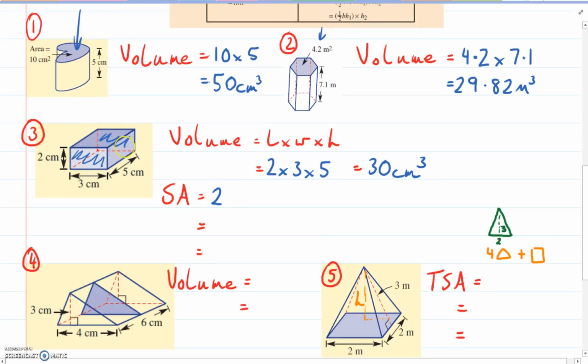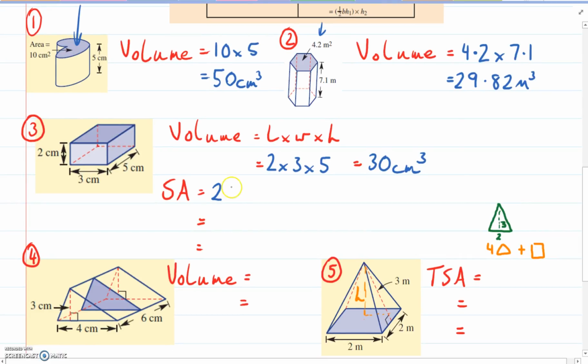And the surface area, so this will be 2 times, if you want to think of it as this front side and the back side, which is 2 times 3. We're doing 2 because we've got 2 of those sides, plus this face and this face, which is 2 times 5. And the top and the bottom, which is 3 times 5. Again, there's 2 of each of these faces, so that's why we're doing that.